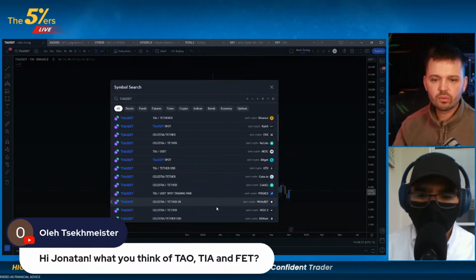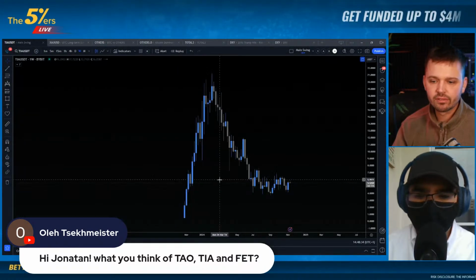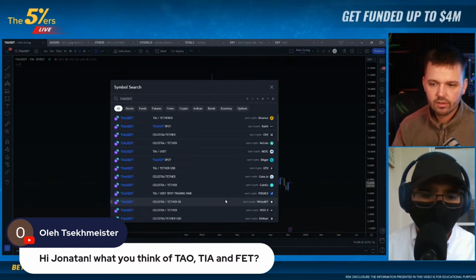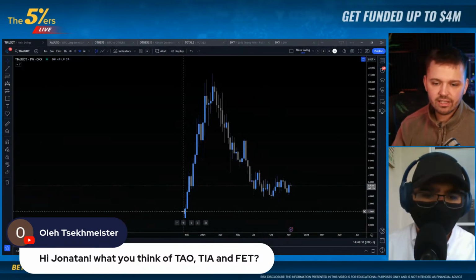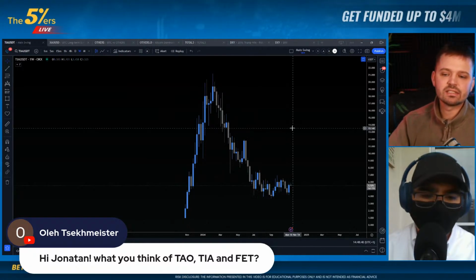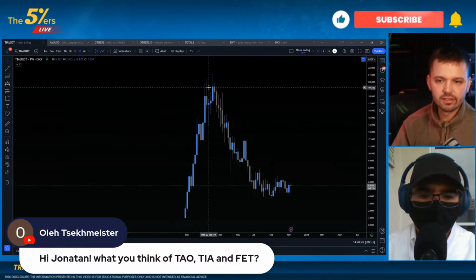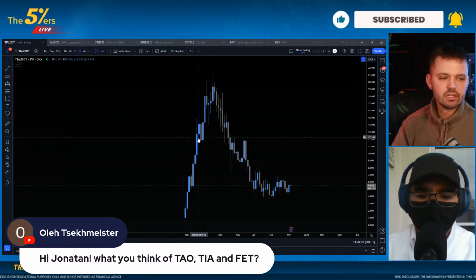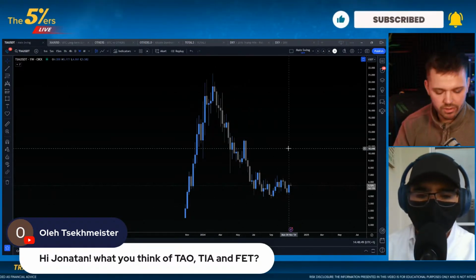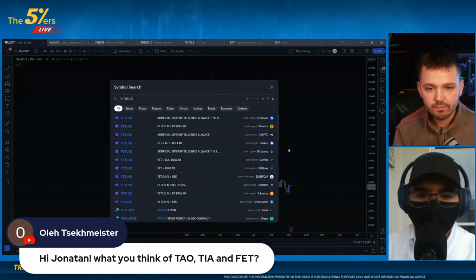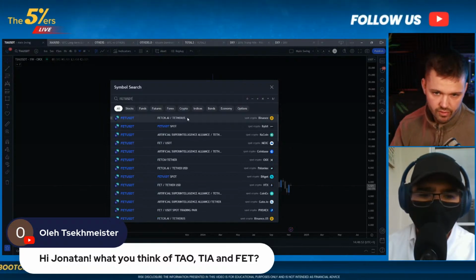We can look at it and see if we have more data on something else. It looks like it got listed here. The chart tells me this is almost like a pump and dump. It got listed, had a pump, and now it's dumping. Obviously not what I want to see. Now, however, look at FET with the widget, Fetch.ai.